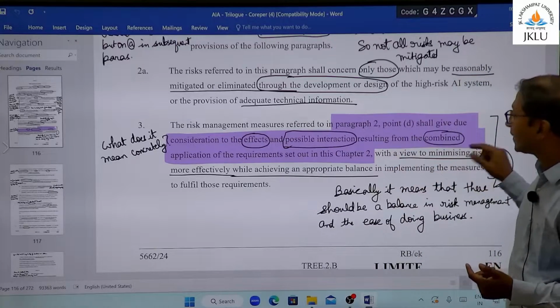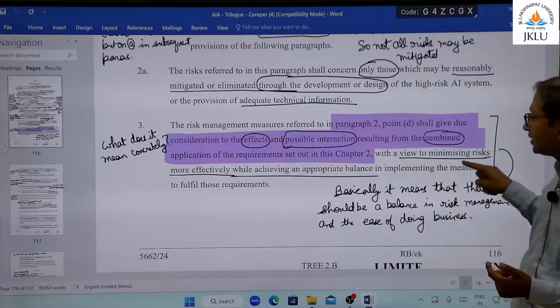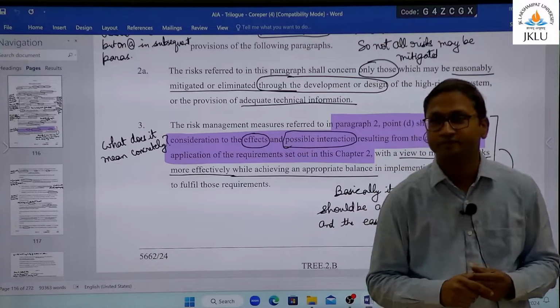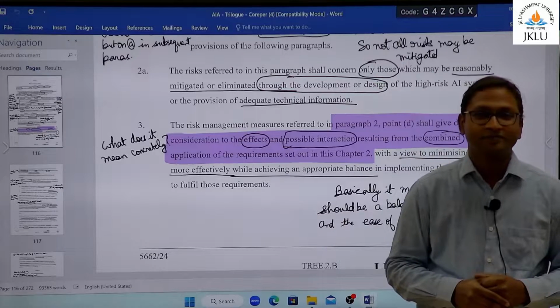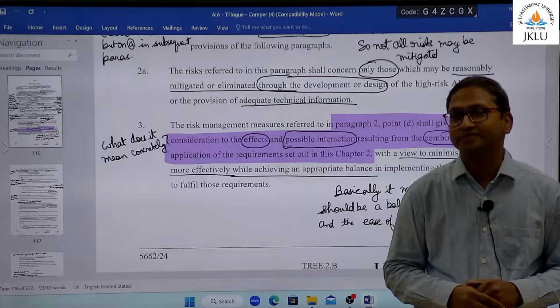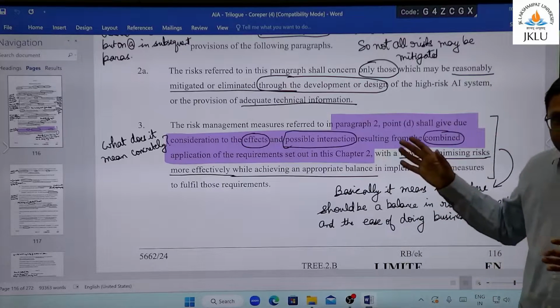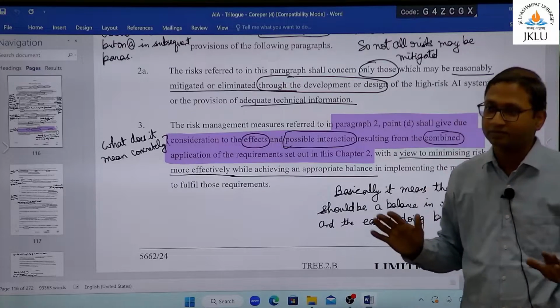With a view to minimizing risk more effectively while achieving an appropriate balance in implementing the measures to fulfill those requirements. What is it? So, as a developer, this is giving you some breathing space or taking that away from you?